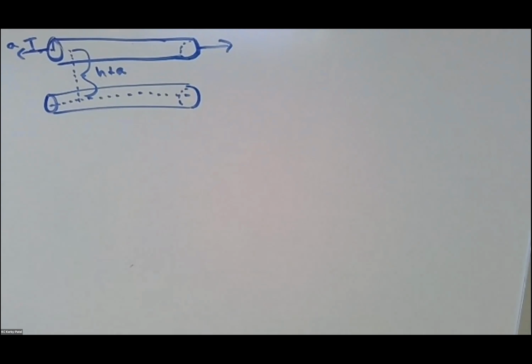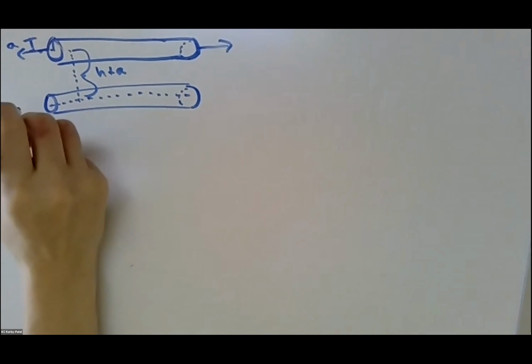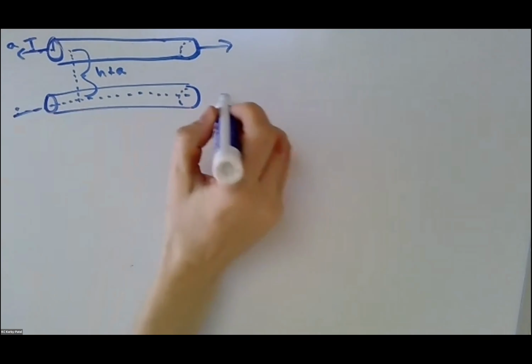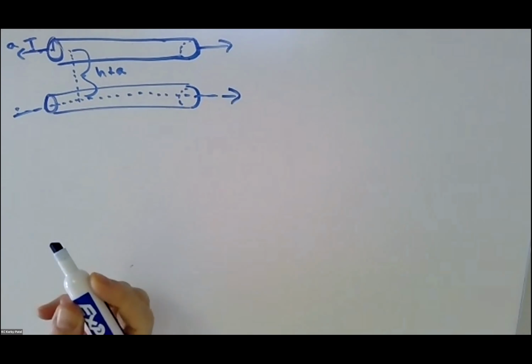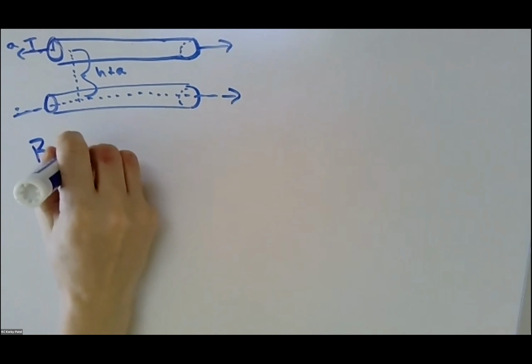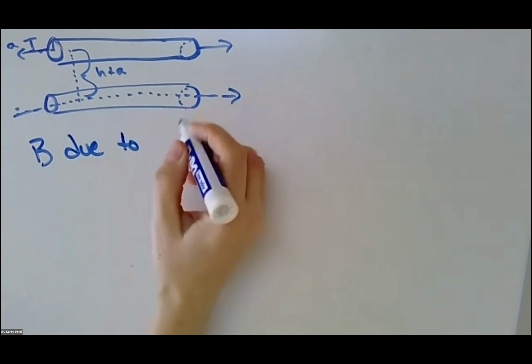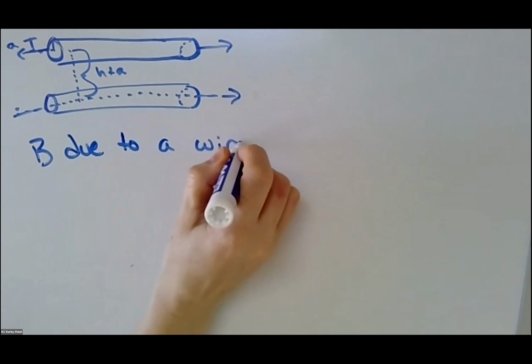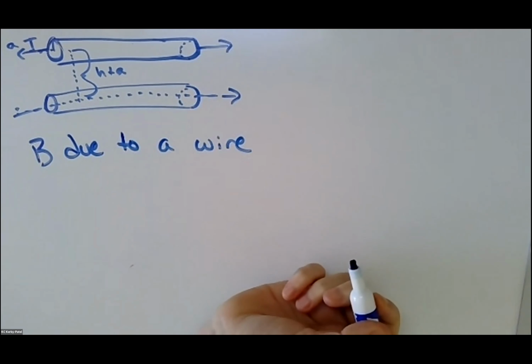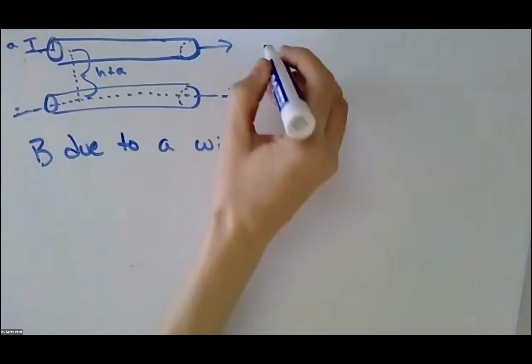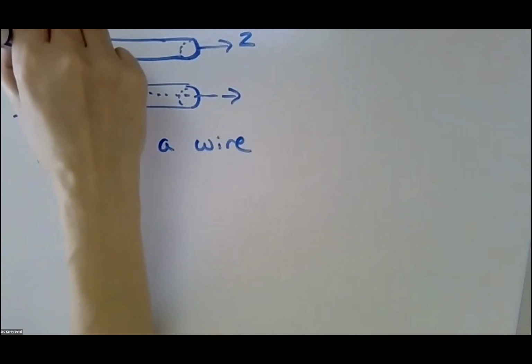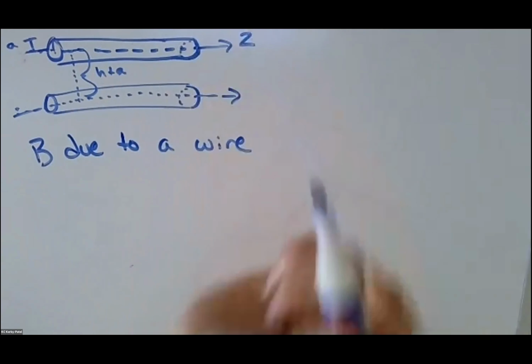How am I going to do this? So step one was to draw a diagram. Step two is I know the magnetic field due to a wire along the z-axis. For right now, I'm going to choose that the z-axis is here going through one of the wires.